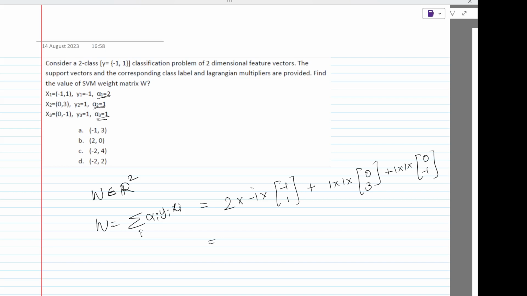So it is 2 and minus 2, plus 3 minus 1. That is 0. So B is the answer.